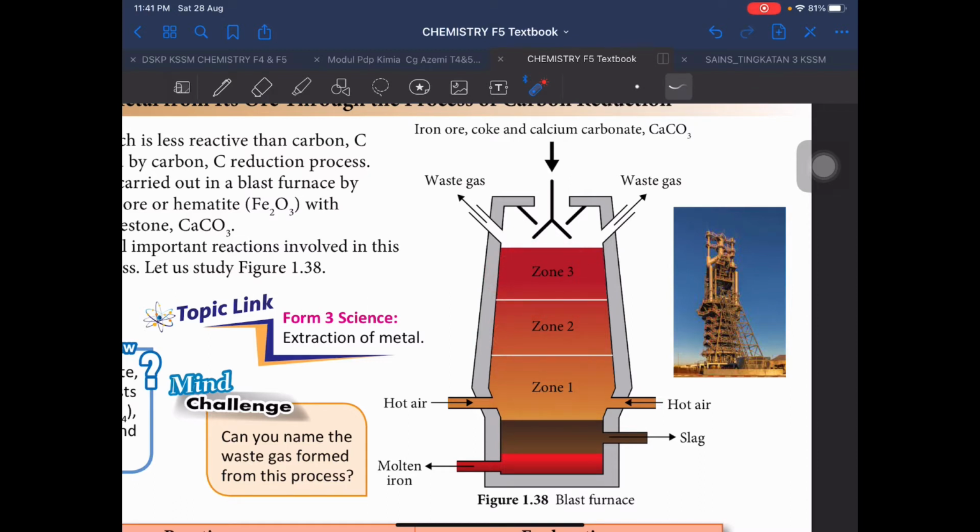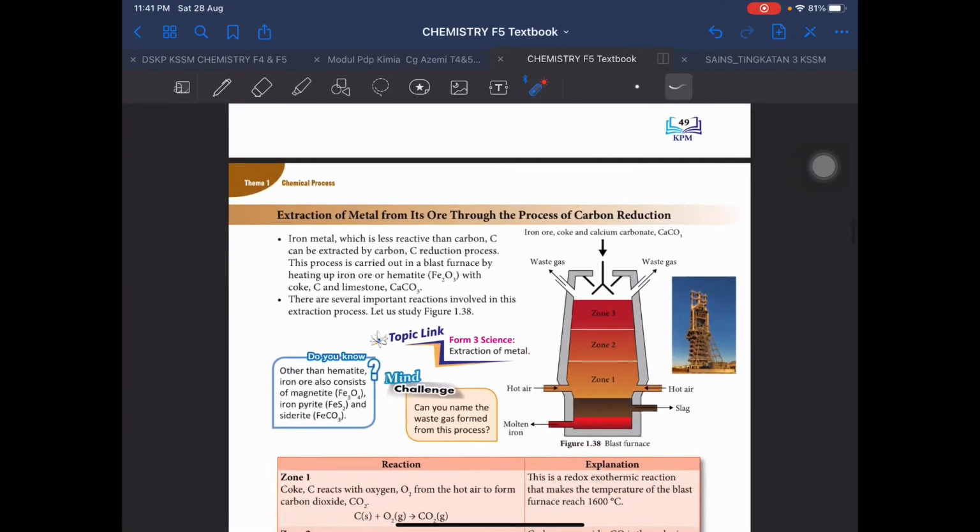Okay, yang ini adalah hot air masuk ke dalam. And then what we want in this process adalah this one, molten iron. Di atas leburan besi itu ada this one, slag. You know slag dalam bahasa Melayu, it's called sanga. Okay, yang bikin buat jalan raya, turap jalan raya, itulah.